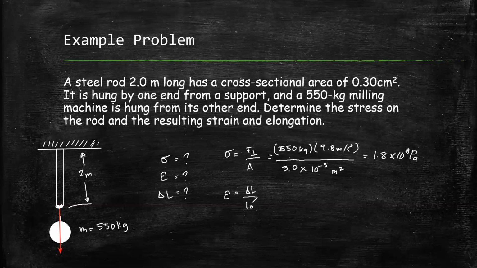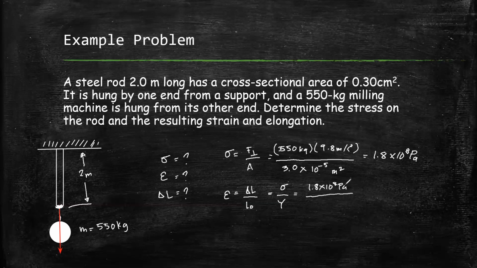But since we have no value of elongation, we can use Hooke's law or the ratio of strain and stress, which is strain is equal to stress divided by the Young's modulus. Now, what is the stress? 1.8 times 10 raised to 8 Pascal.